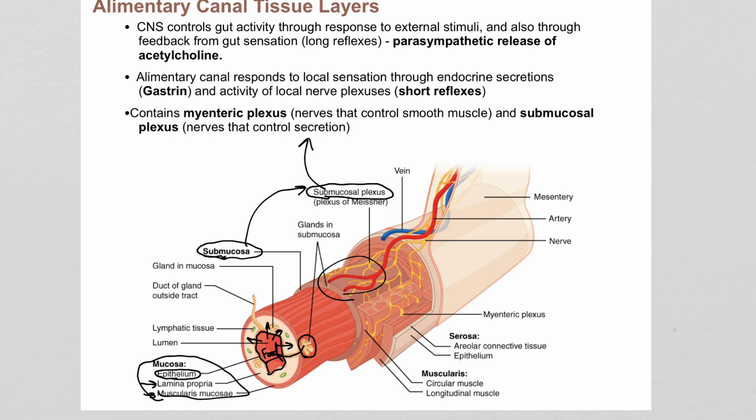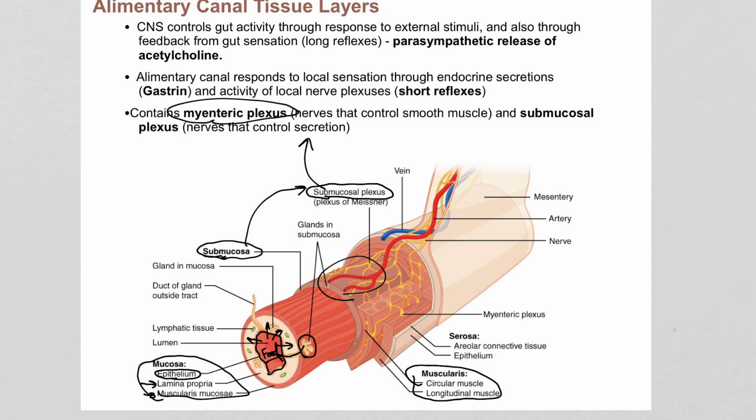And then you also have a relatively thick layer of smooth muscle outside of the mucosa. That's called the muscularis layer, or sometimes muscularis externa. This is where you find the muscles that are actually propelling food through the GI tract by peristalsis. And these nerves that you find in the muscle layer, they constitute the myenteric plexus.